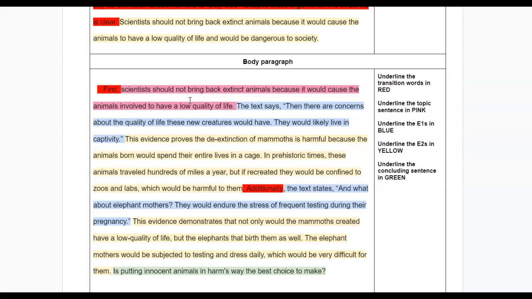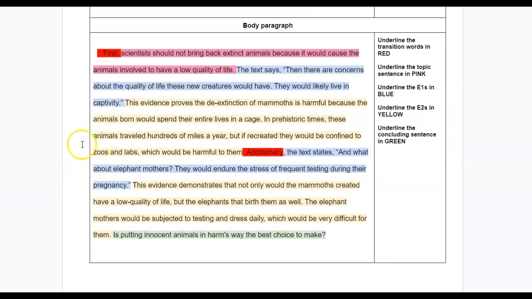After I write my topic sentence, I'm going to immediately jump into some evidence, and we call that evidence our E1s, and we're using the color blue to identify those today. My E1 says, the text says, "then there are concerns about the quality of life these new creatures would have. They would likely live in captivity." I have a good sentence starter. The text says, I have my quotation marks around my quote, and this was cited directly from the text. After my E1, I'm going to write an E2.